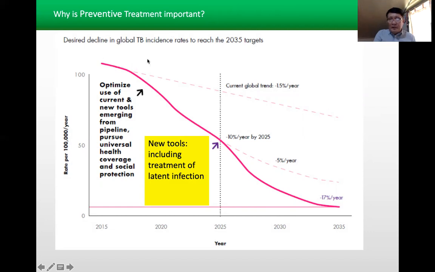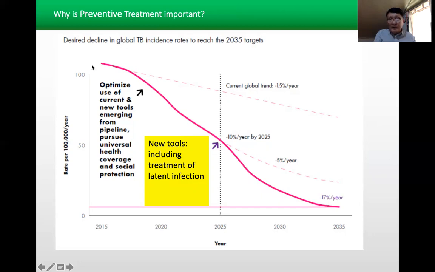Looking at this graph, if we just go on with our current strategy, the current global trend is a decrease of 1.5% per year. So we will never reach our target by the year 2035.